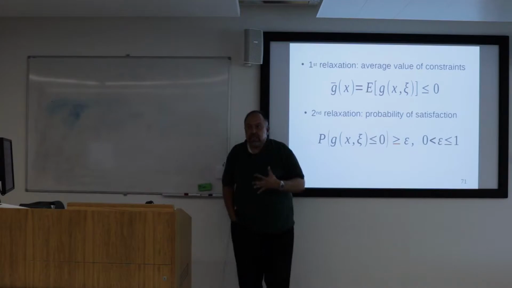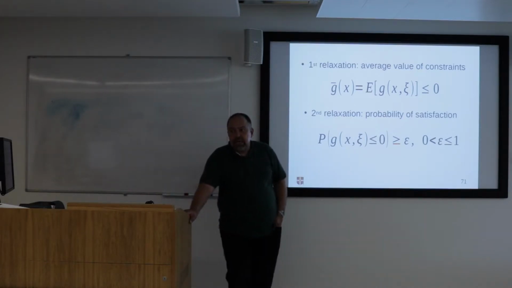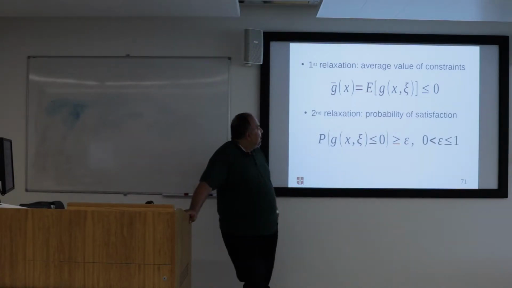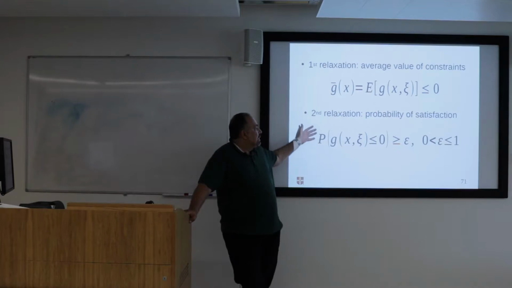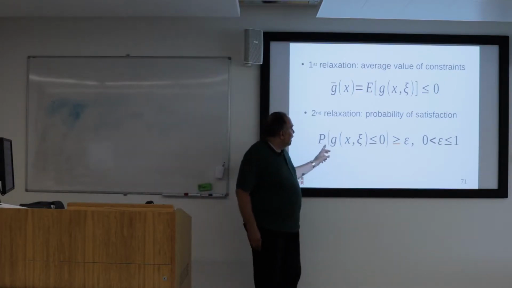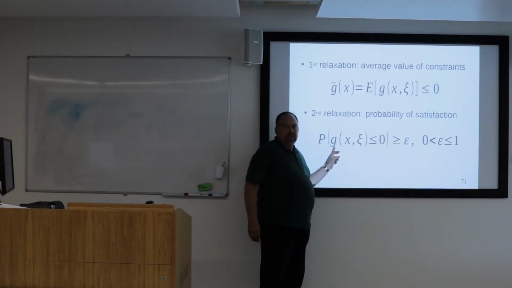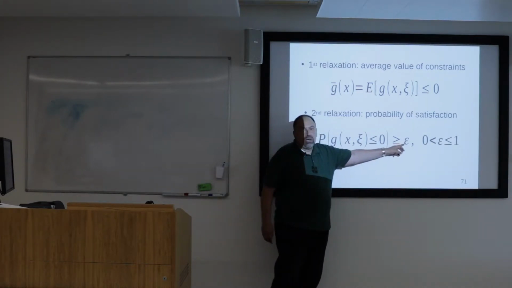So that means that some possible combinations of x and xi will result in infeasible constraints with this. Then the second type of relaxation is the probability of satisfaction of the constraint, which has another name, called chance constraints. Basically what you do is you say that the probability of the inequality constraint being less than 0, I want it to be greater than some minimum probability epsilon.